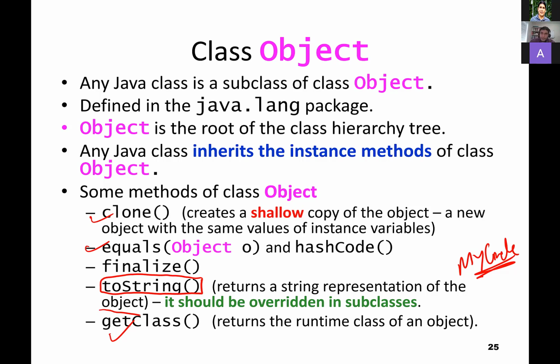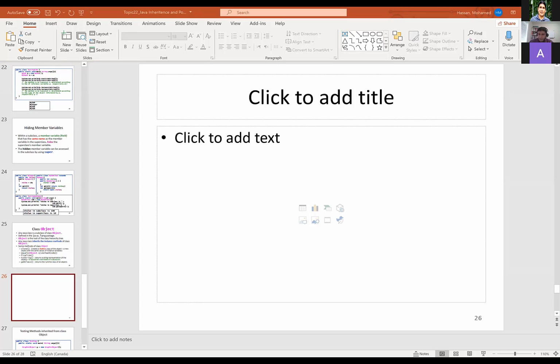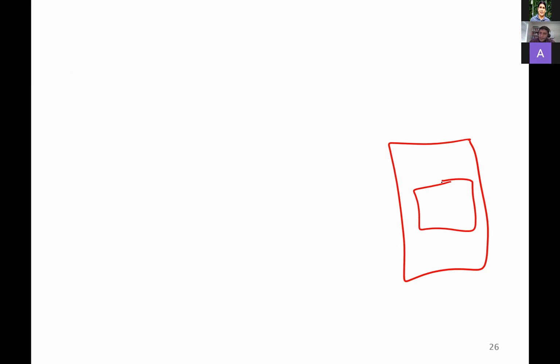For example, let me have an empty slide here. Oh, I stopped sharing because I was sharing the full screen. So what I would do is new slide and then share back. Okay, so again, we have an object, and let's say this is of child type.